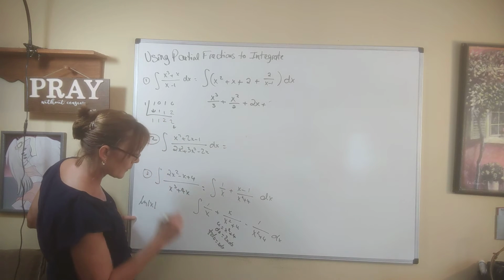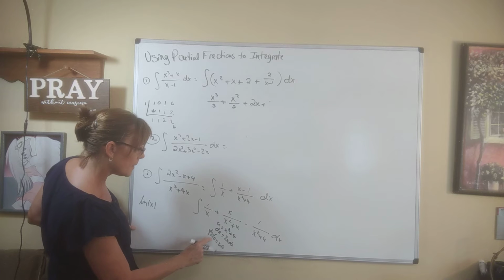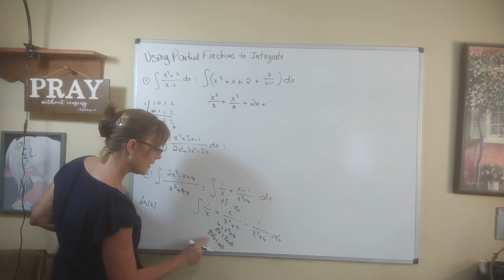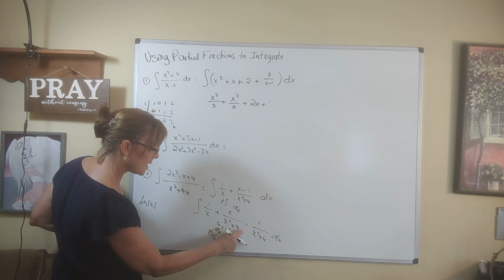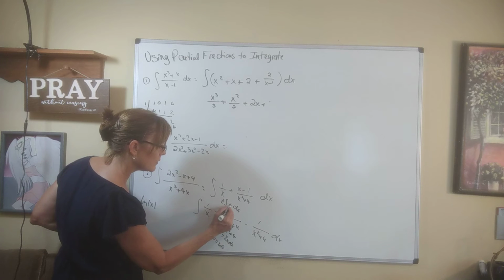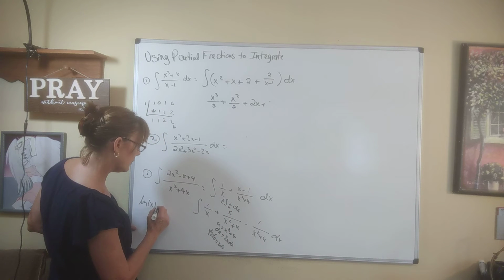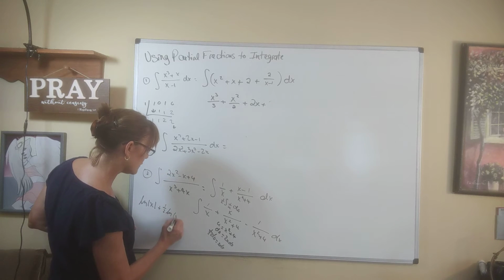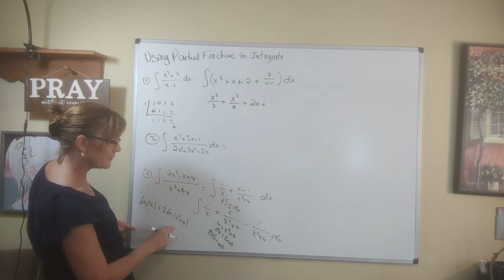So what do I get here? This is going to be 1/2, 1/2 du gives me the x dx, so it's going to be 1 over u. So this ends up being plus 1/2 the natural log of u, which is the natural log of x squared plus 4. This is always positive, so I didn't need absolute values.